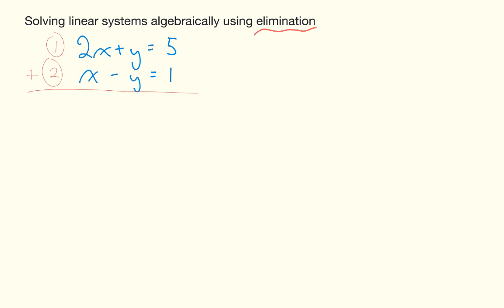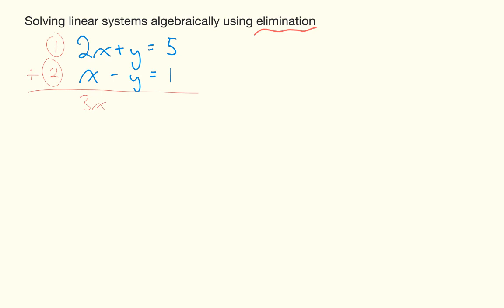And in doing that, what's going to happen is we're going to take our 2x and add x, and of course then we will get 3x. We will take our plus y, we will add negative y, so plus 1y plus negative 1y gives us no y.